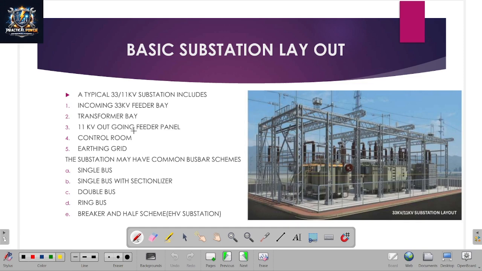Then 11 kV after this, at the 11 kV outgoing feeder panel, then the control room, then your earthing grid, at the lower level it is the earthing grid.